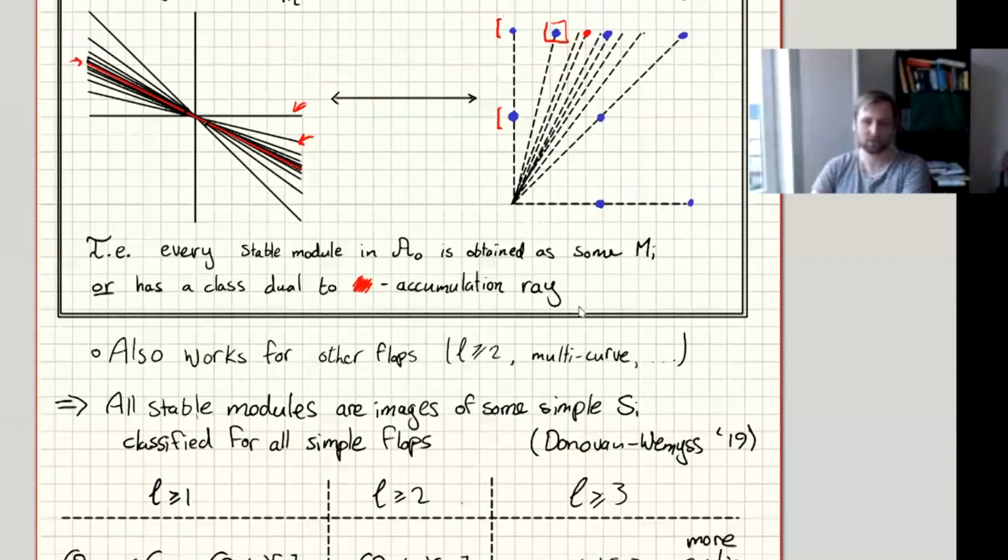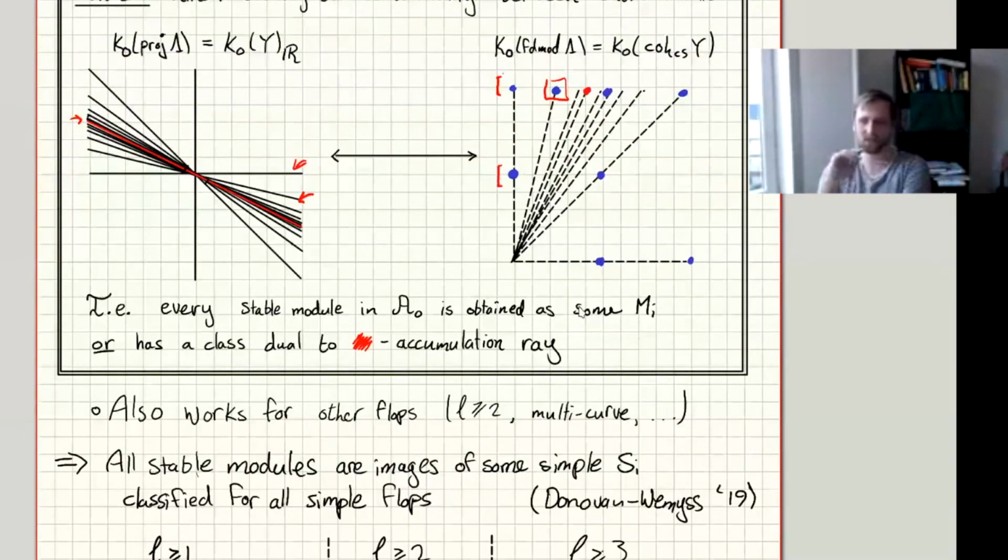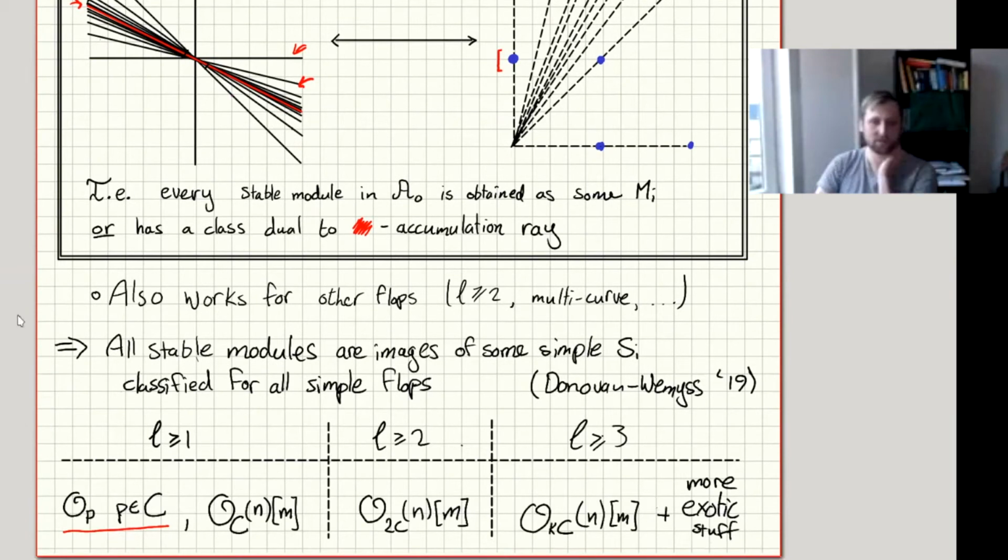It turns out that by chance, these objects were also recently classified by my advisor and one of his collaborators. They correspond to points, which have a class that's orthogonal to this accumulation ray. So they're like the one special case I mentioned.